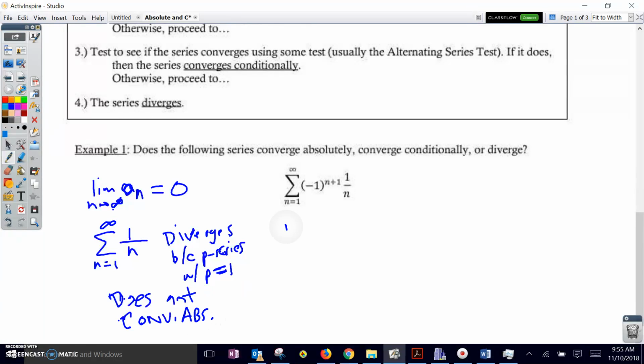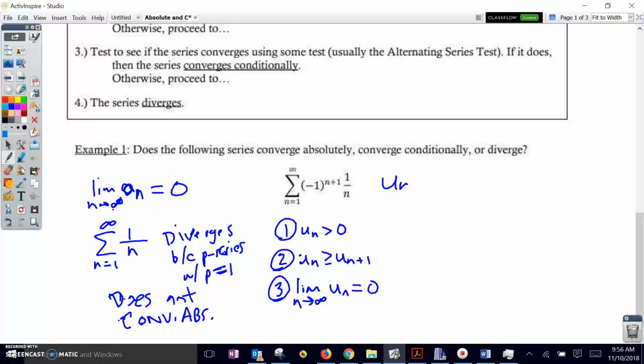Okay, so then I run the alternating series test on it. Is u sub n greater than 0? Is u sub n greater than or equal to u sub n plus 1? Does the limit as n goes to infinity of u sub n equal 0? And u sub n in this case is just 1 over n. Is that always greater than 0?